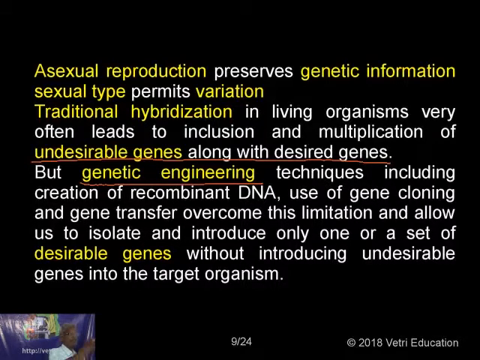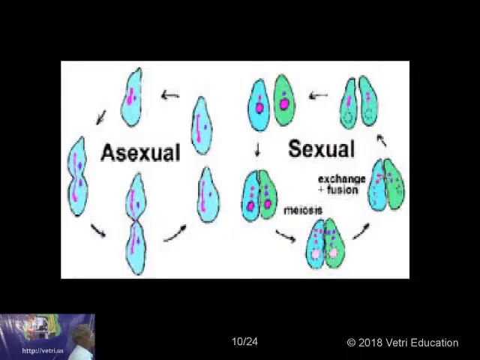You are able to remove the genes responsible for sweetness and introduce them into a plant which already has a large fruit, and then the problem is solved. There is no question of sourness and smallness going together. Are you able to follow? So some of the problems that we had in traditional agriculture are now solved.